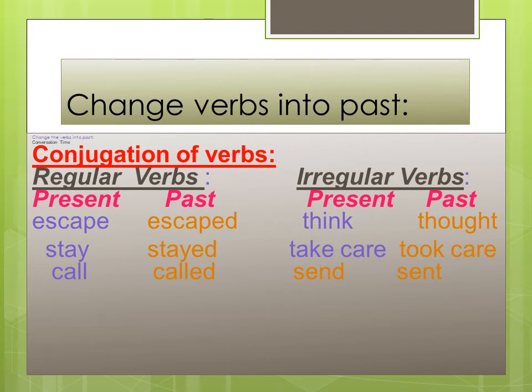Stay, stayed. Call, called. I just put d, ed, ed. Number 2, irregular verbs, present and past. Think changes to thought. Why? Because it's an irregular verb. Take care, to care. Send, sent. Okay.